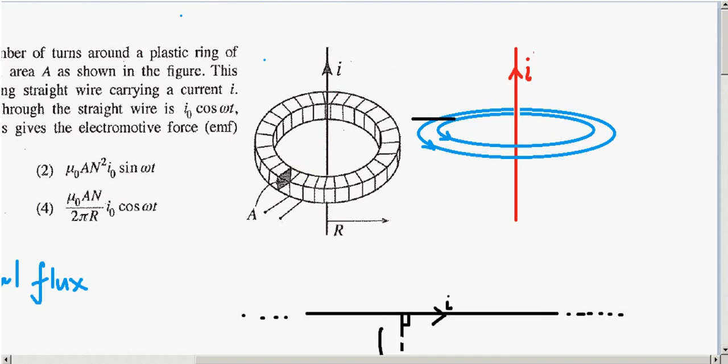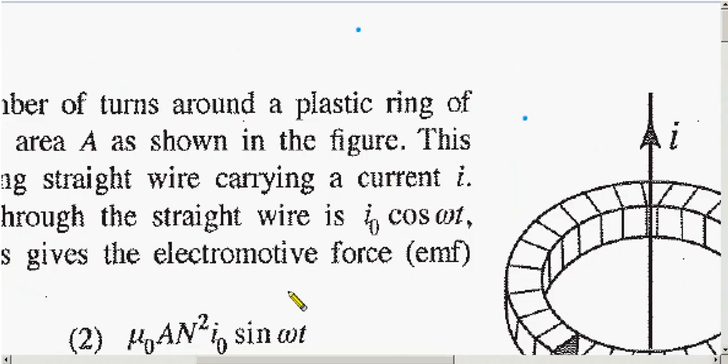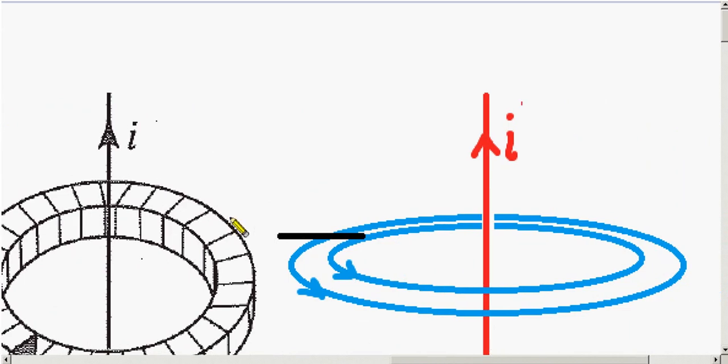So a particular turn I draw like this. What is this black color line? The copper wire. Copper wire means the coil. What is the difference between a coil and just a wire? It is insulated by a certain material, like a paint.